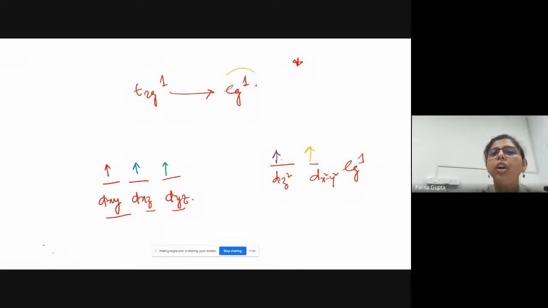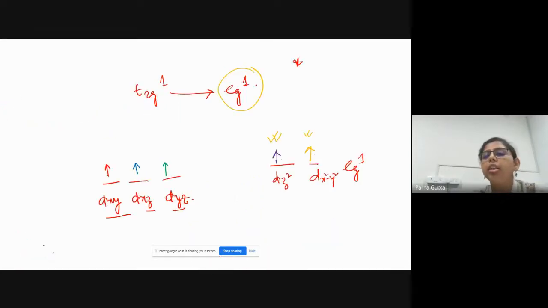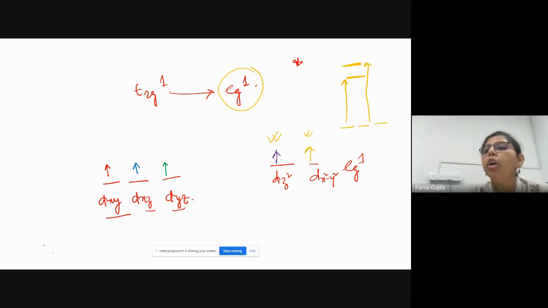When the electron is in eg1, it could be here or it could be here. As these two orbitals are different, the energy state is a little bit different. So it can go either here or here. So instead of one single peak, we are getting a spectrum like this one.